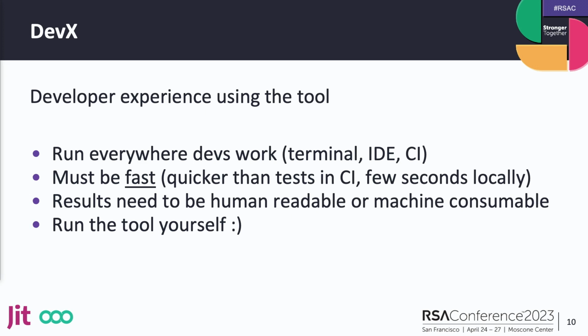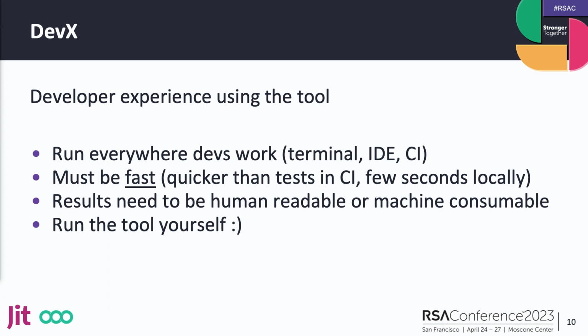The second criterion, which is one of my favorites, being also a previous software engineer, is developer experience. It's usually not top of mind for the security people that pick the tools, because they're usually more focused on result quality than on the experience and the impact on the developers who need to use these tools.